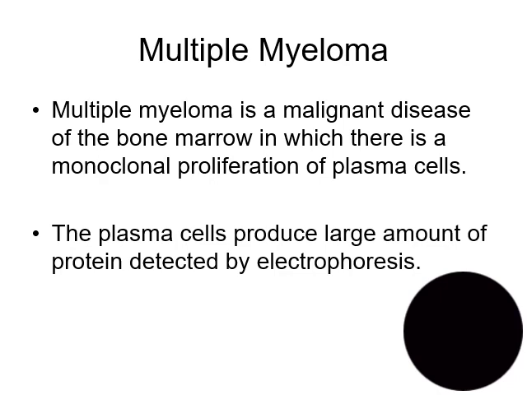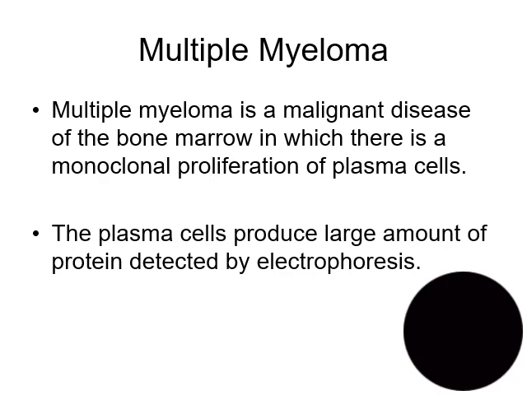However, when there is a malignant clonal proliferation of cells, this will also lead to an excess of monoclonal protein that is very similar in its physical features. So it has identical features that would be seen as a sharp peak in the protein electrophoresis.